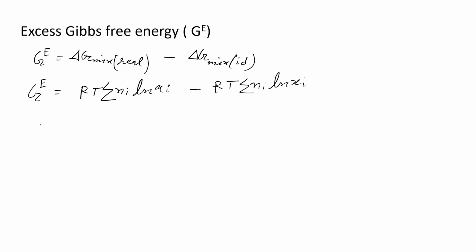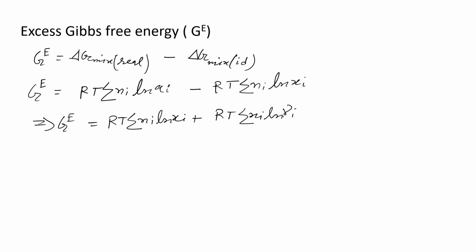So what we can write: the excess free energy function will be equal to RT summation of Ni ln Xi plus RT summation of Ni ln gamma i, because we know that activity is equal to the activity coefficient into mole fraction.